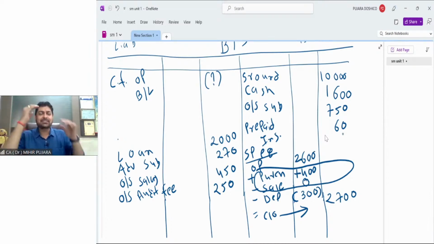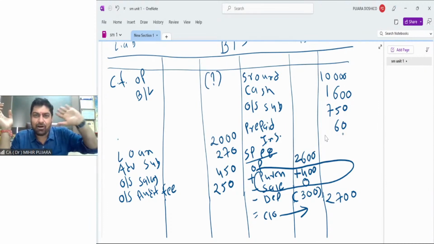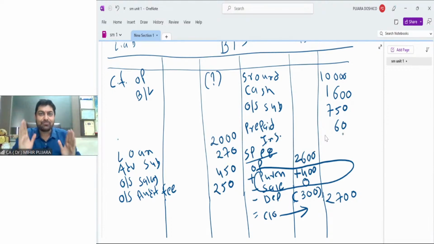ओके, और you can simply understand, 2600 of opening balance, 300 depreciation, so my closing balance should be 2300. Clear guys? But no sir, balance sheet में बोला है कि closing balance is 2700.